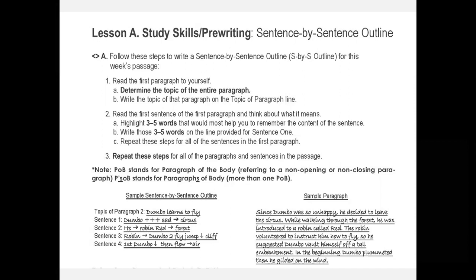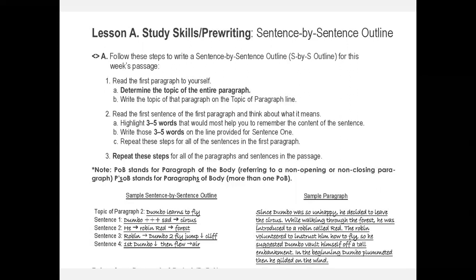All right, then of course, you write together that first paragraph, rewrite that paragraph of the story, and you have a chance to show them how to change sentence structure, how to flip sentence structure, how to add openers, how to change wording so that it becomes the student's own.